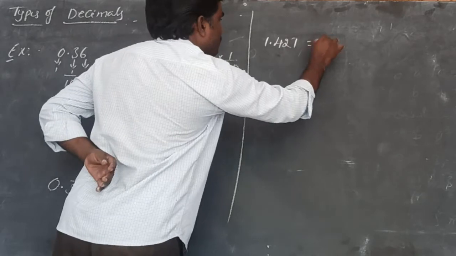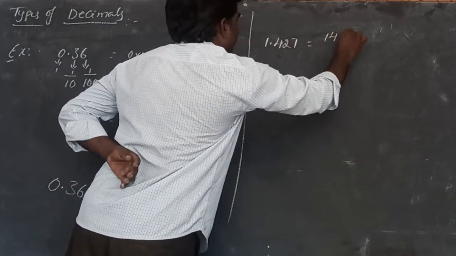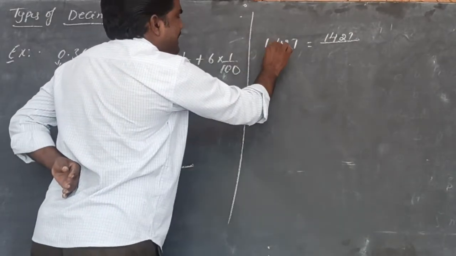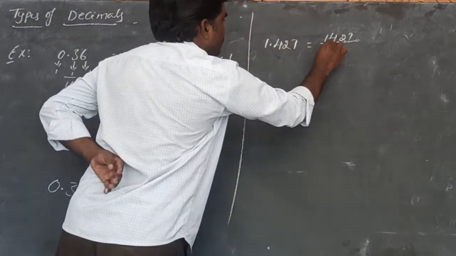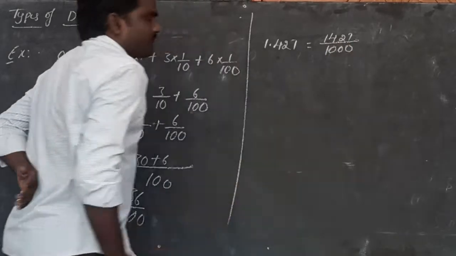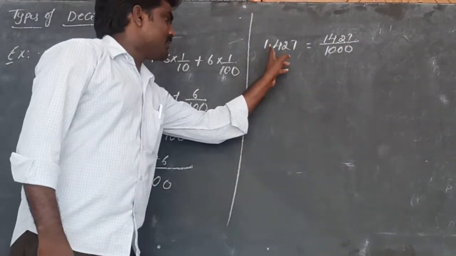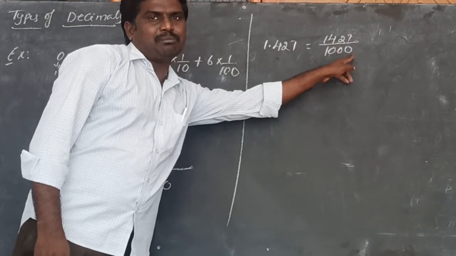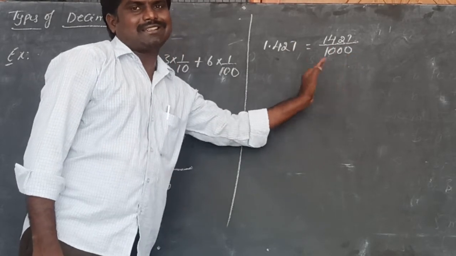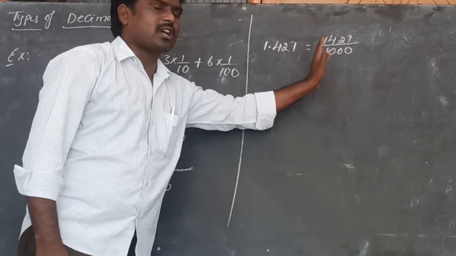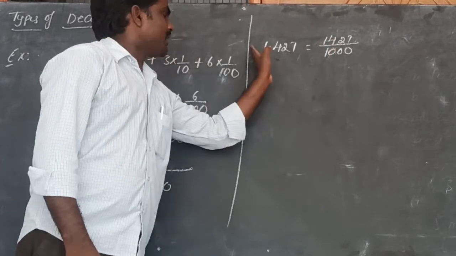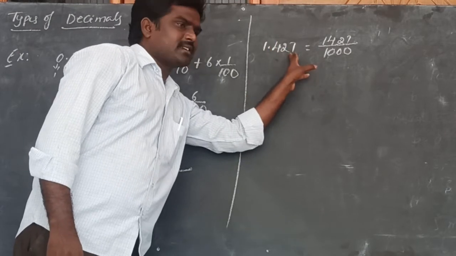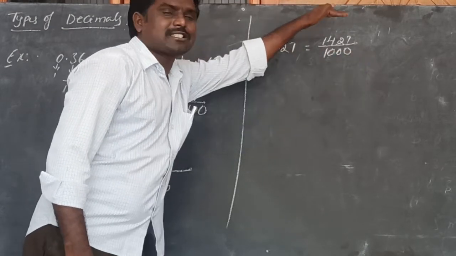Write the total digits without the decimal point, and in the denominator write as many zeros as there are decimals. 3 decimals means we write a number with 3 zeros. 1 zero is 10, 2 zeros 100, 3 zeros 1000, 4 zeros 10,000, like that. Simply, we write the denominator having as many zeros as the number of decimals after the decimal point.